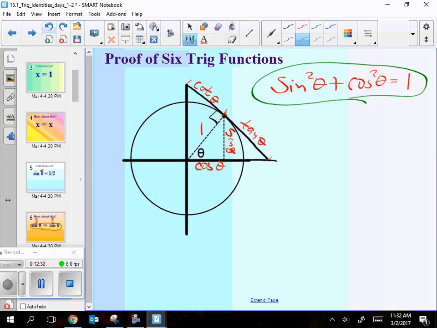Now, there's 4 of my functions on this picture. I just need 2 more. Does anybody want to nominate a function that they want to see where it is? Secant. Where is secant? All right. Secant is this one that goes from here to here on the bottom of that triangle right there.